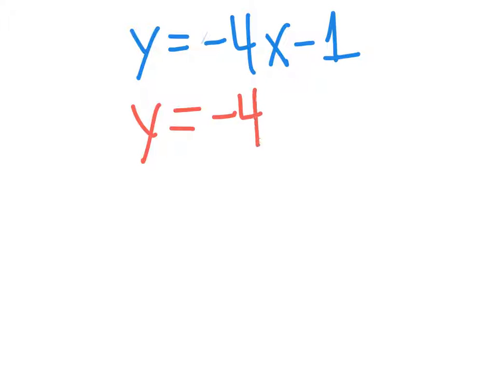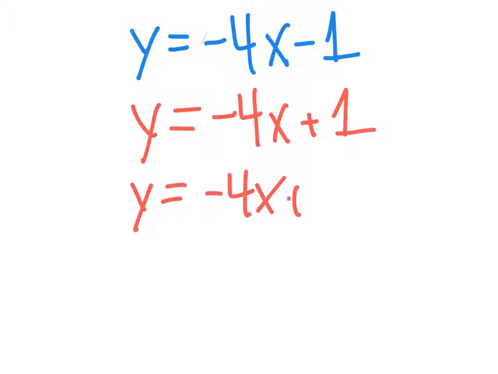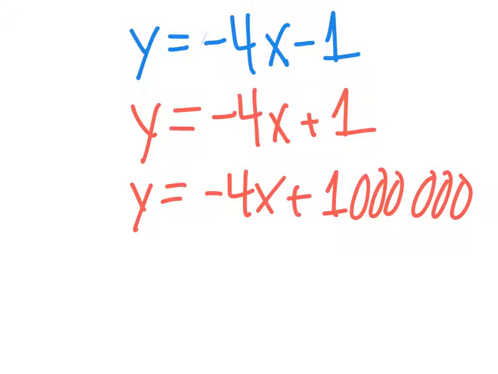So the slope is negative 4. Got to keep my x, and now I can come up with any y-intercept I want, and it's going to give me a parallel line. I could go with positive 1. I could go with negative 4x plus 1,000,000. Really doesn't matter. Whatever that y-intercept is, as long as the slope is the same, you're going to get parallel lines.